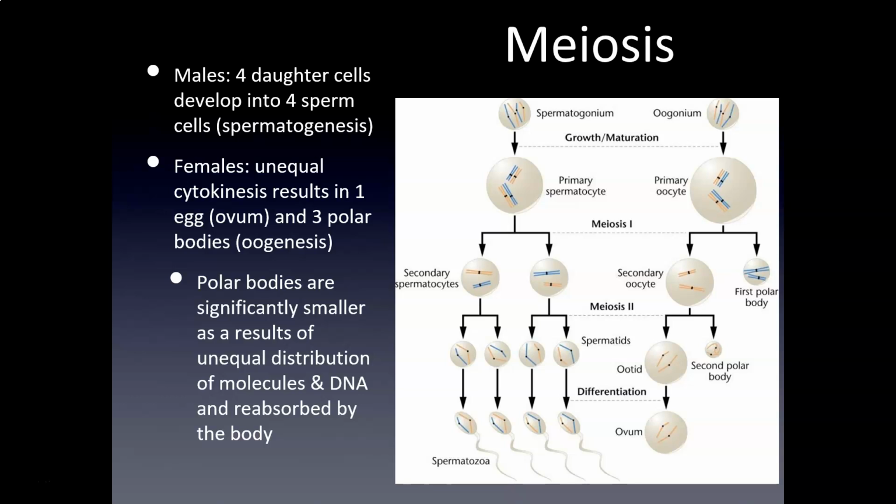In the production of that sperm and that production of those eggs or those ova, the processes of separating homologous chromosomes, separating sister chromatids happens the same way. What really does look different, however, is the cytokinesis, how we split the cytoplasm.